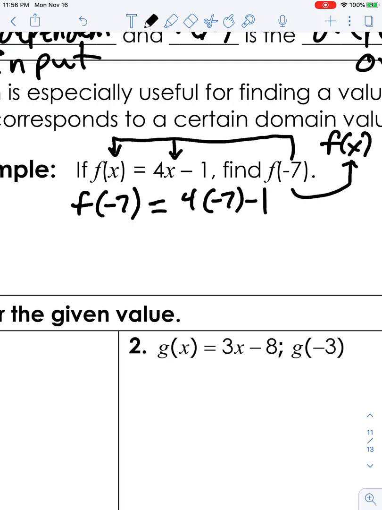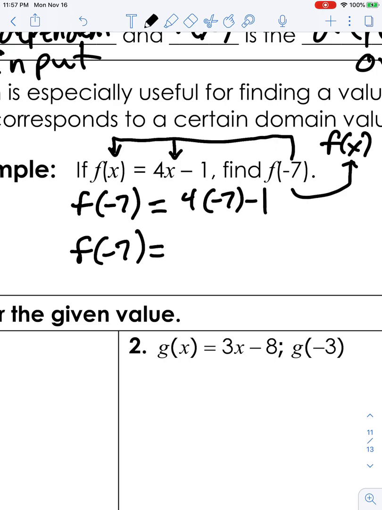Now, the left side, f of negative 7, is still the same thing as y. I know that's weird that f of x is the same thing as y, but all it's telling you is f of negative 7 is still going to be your y. So you're not going to use the left side here, meaning literally the left side you're just going to drop down. What it's saying is, when you plug in negative 7 for x, what does the equation equal?